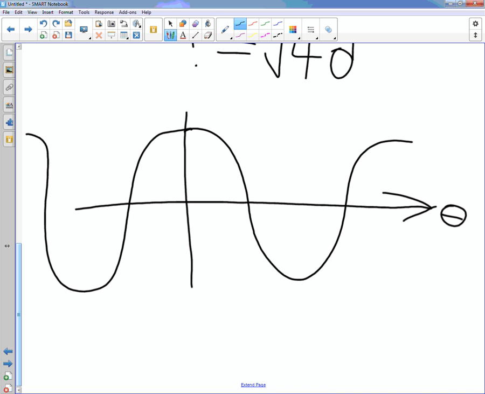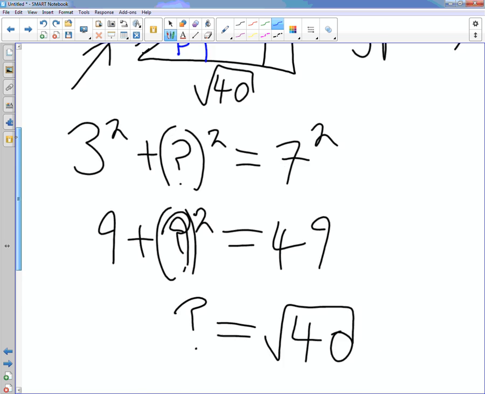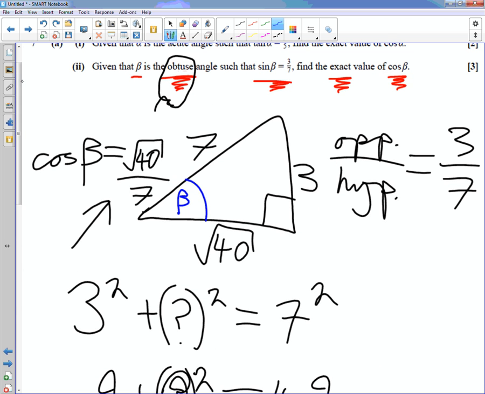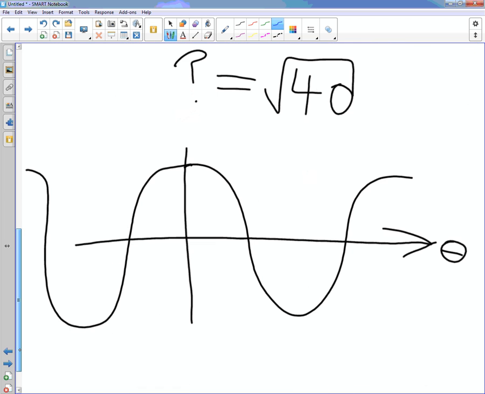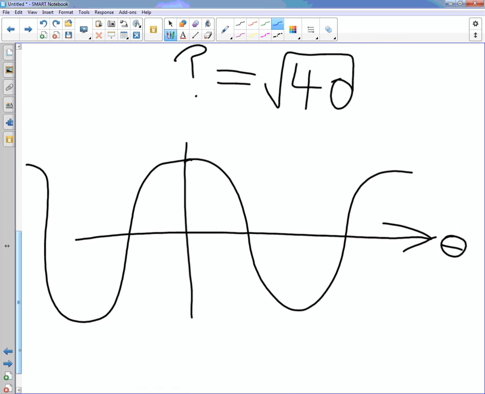Now, the kicker here is that this is a magnitude only. We don't know whether this is positive or negative. So, we're given certain things. Now, this is between 0 and 2 pi.